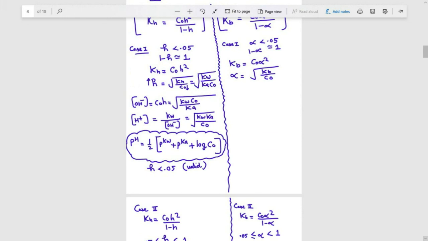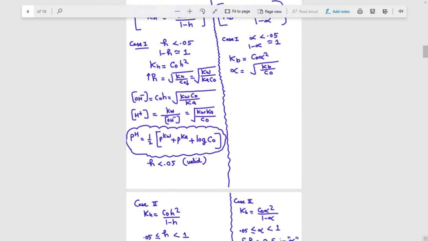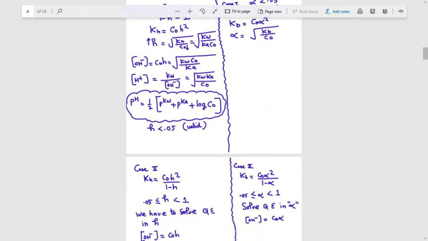And how is the pH of the solution going to change on dilution? When you decrease the concentration C naught, which is in log C naught, the value of log C naught is going to decrease. If the value of log C naught decreases, the pH of the solution is going to decrease, right? Some people get confused that the degree of hydrolysis is increasing, but the solution is diluted also.